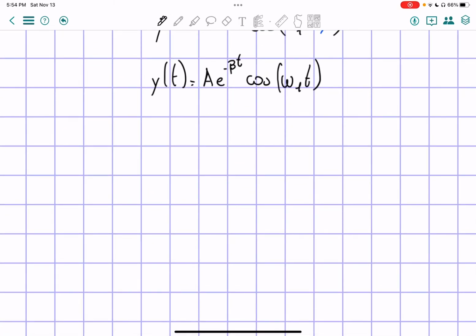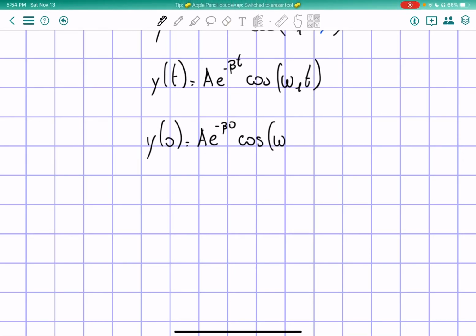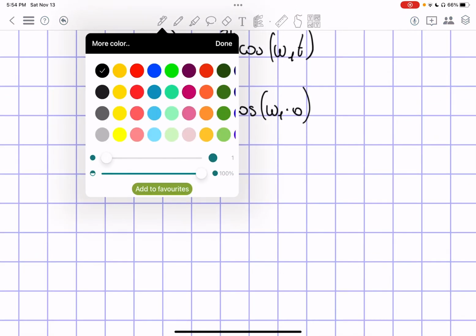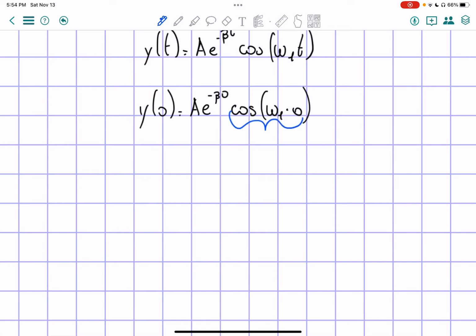If I plug in 0, the value at time 0 is going to be A e to the power of negative beta times 0 cosine of omega 1 times 0. The cosine is equal to 1, and e to the power of 0 is equal to 1. So y of 0 is going to be equal to the amplitude.